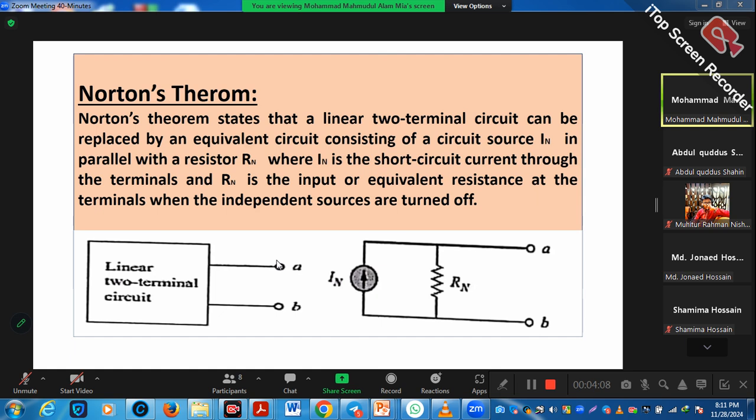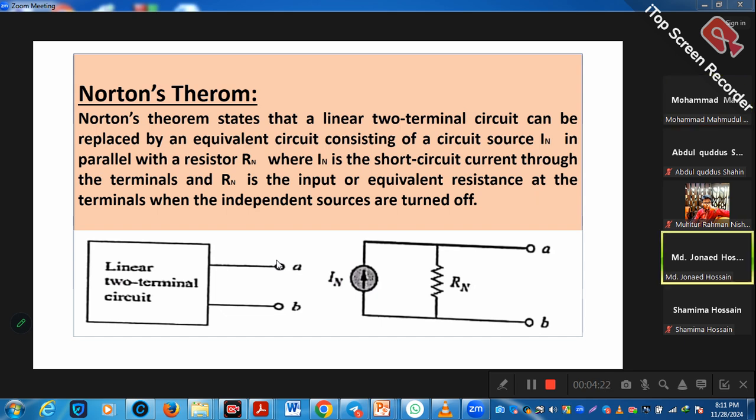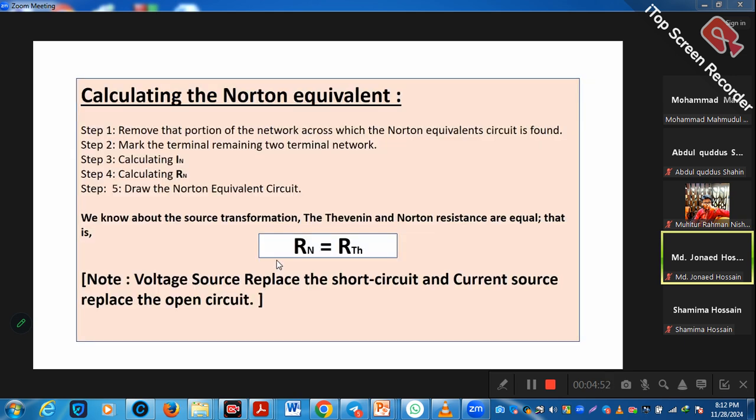Can you tell me what a linear circuit is? A linear circuit is a circuit whose output is linearly related to the input.